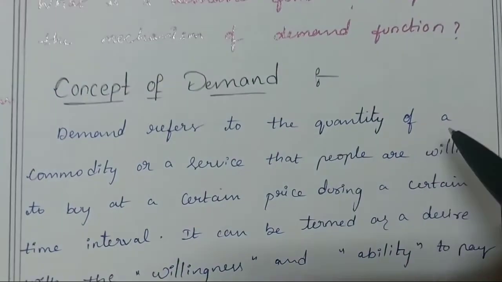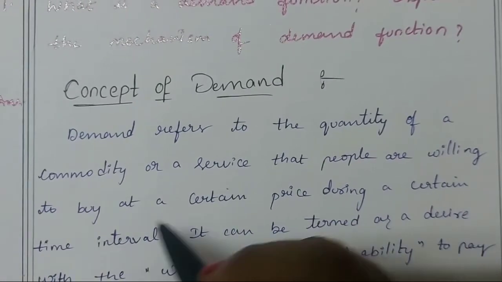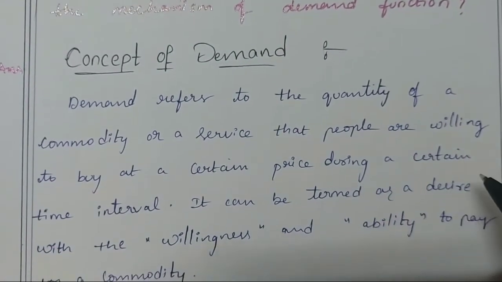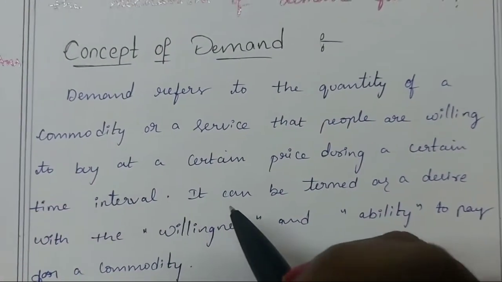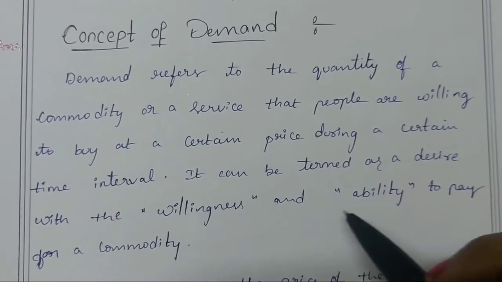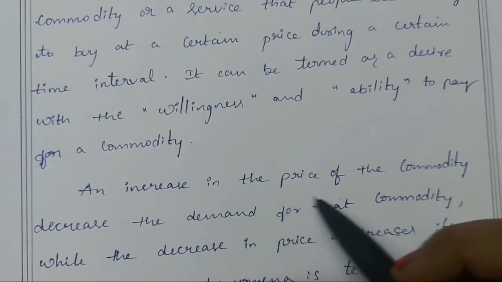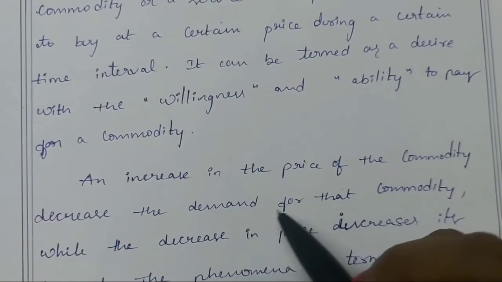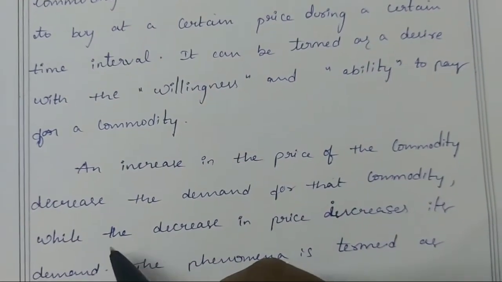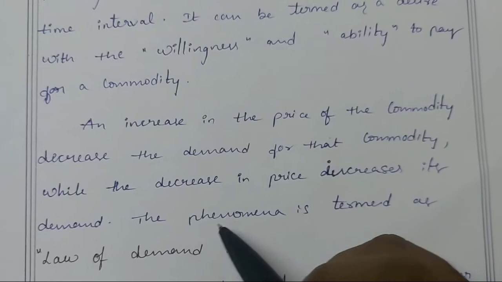Demand refers to the quantity of a commodity or a service that people are willing to buy at a certain price during a certain time interval. It can be termed as a desire with the willingness and ability to pay for a commodity. An increase in the price of a commodity decreases the demand for the commodity, while a decrease in price increases its demand.